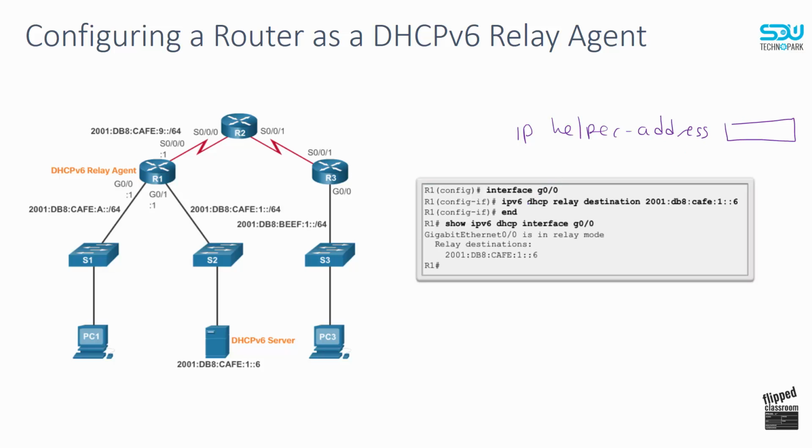But in IP version 6 we do it with IP version 6 DHCP relay destination and then the IP address of our DHCP server. It is the same as if a computer is making broadcast requests, which are limited to this area, gigabit 0/0 will redirect it to this IP address so that our request will reach the DHCP version 6 server.